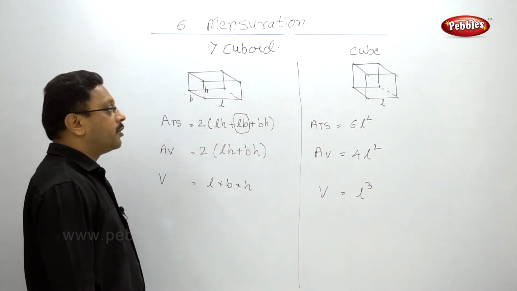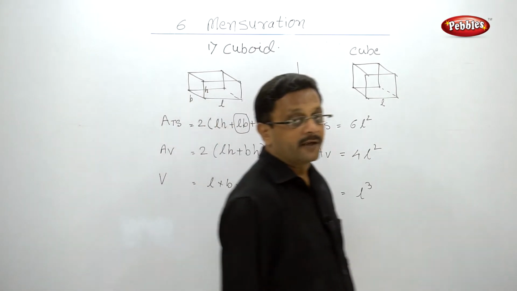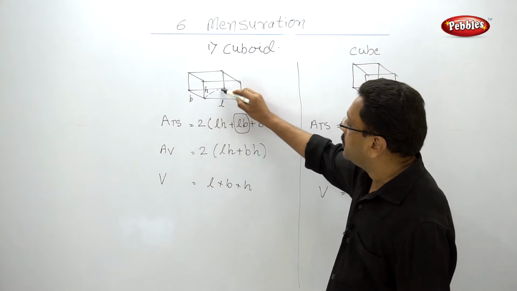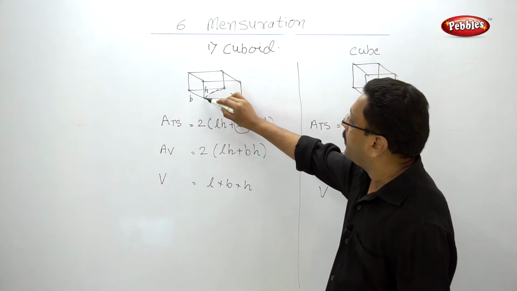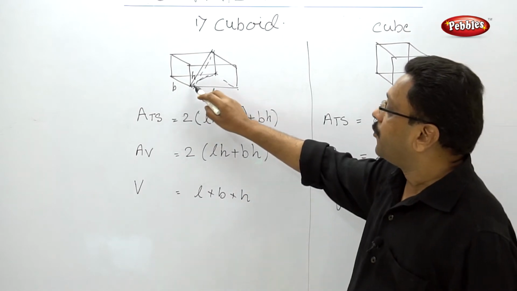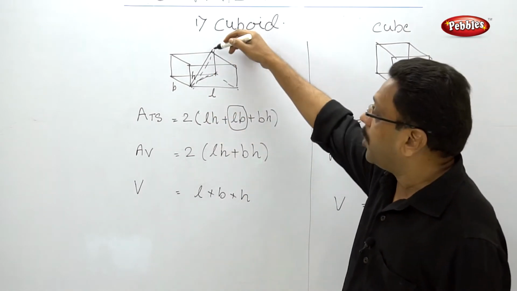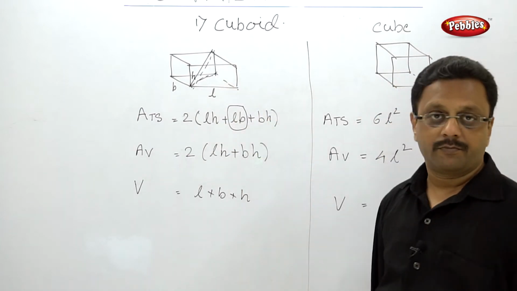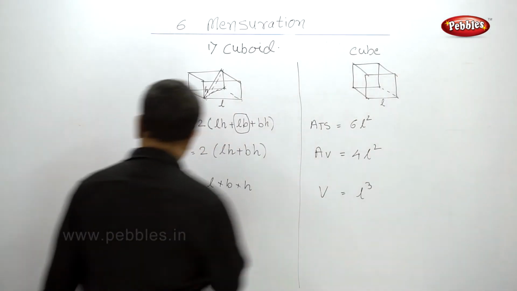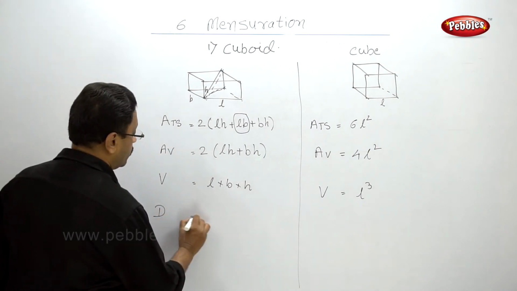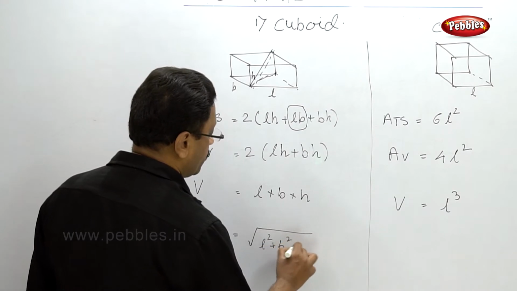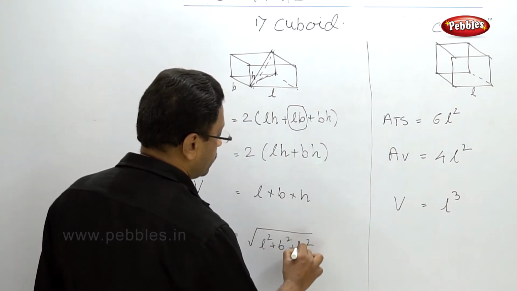Now we have to find out the diagonals also. What is the formula for the diagonal of this? This is a diagonal and this is also a diagonal. This diagonal joins vertices from bottom to top, that is the diagonal. What is the length of the diagonal? The diagonal is the root of L square plus B square plus H square.